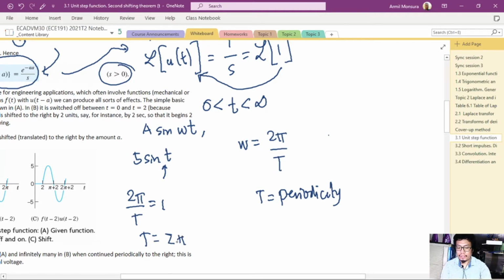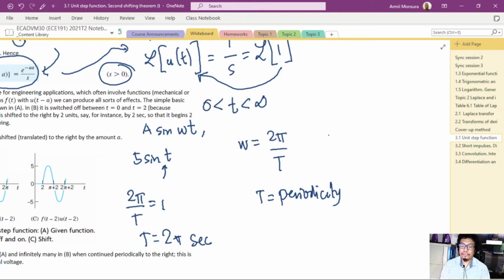And assuming that the time element in your signal is in terms of seconds, then the periodicity of your sine function, 5 sine of t, is actually 2 pi seconds. So it means that 5 sine of t would repeat every 2 pi seconds, or around 6 point something seconds.